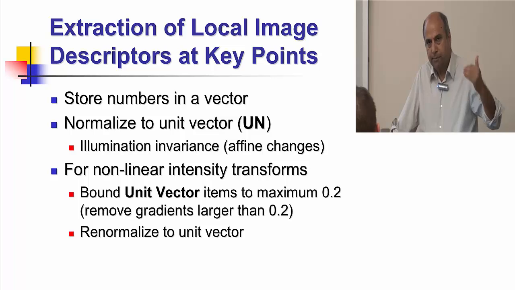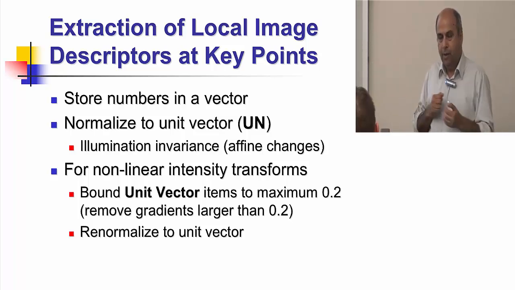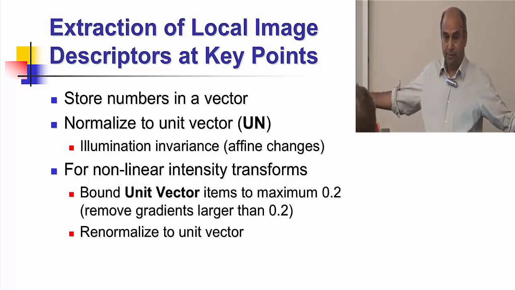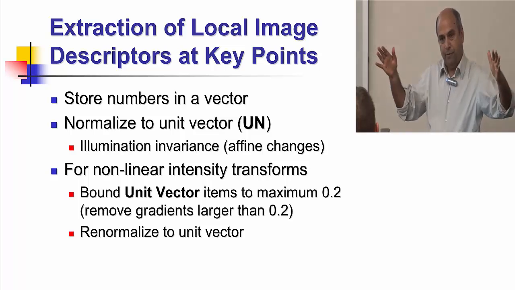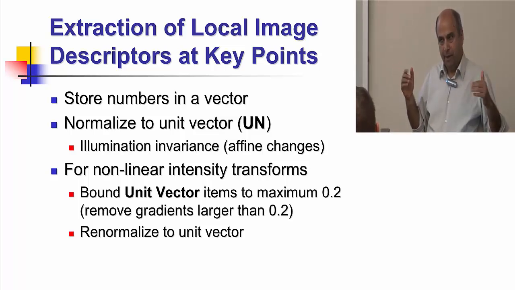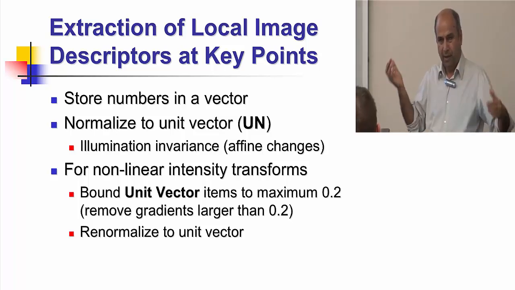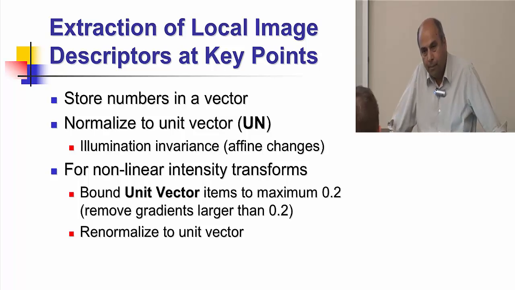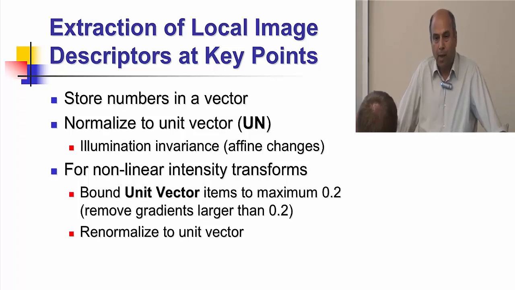So we don't want to rely on that one pixel, which will impact all of the 16 by 16 neighborhood. We want to remove that and rely on many more pixels, because otherwise, if they are so high, the others will not have much impact. So that's the motivation. We take out the biggest ones.